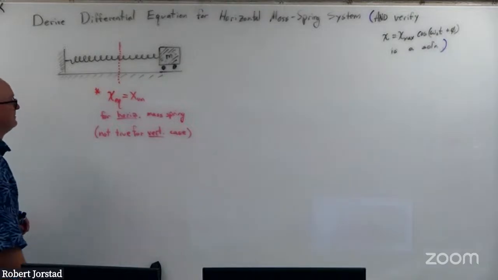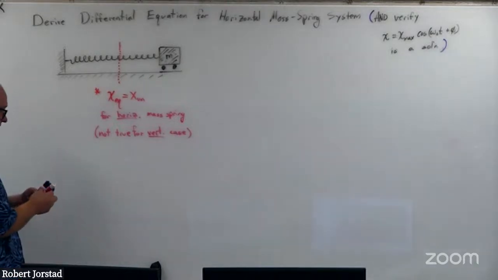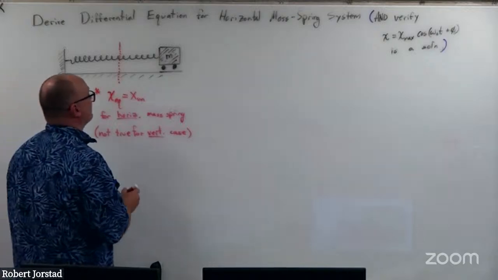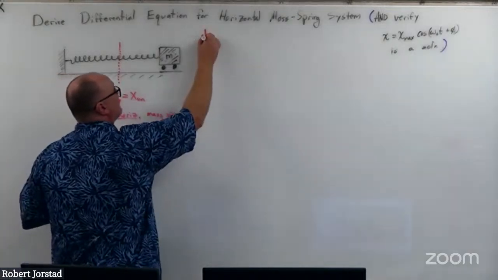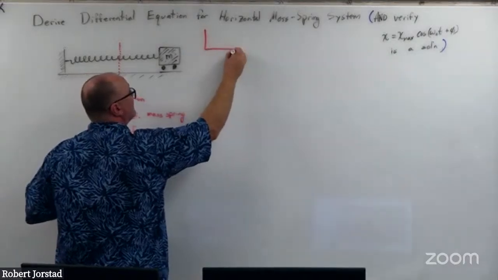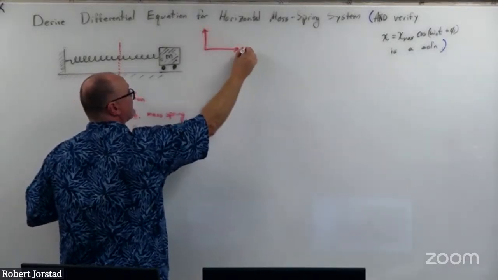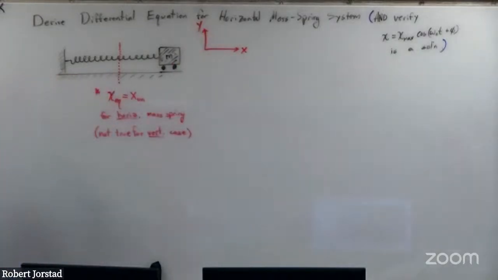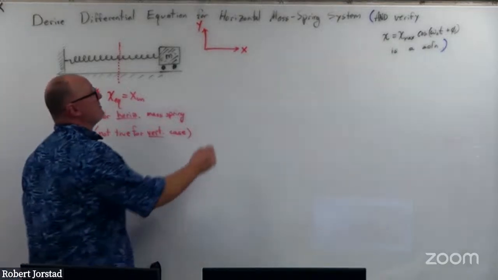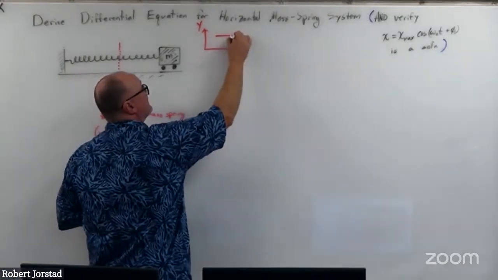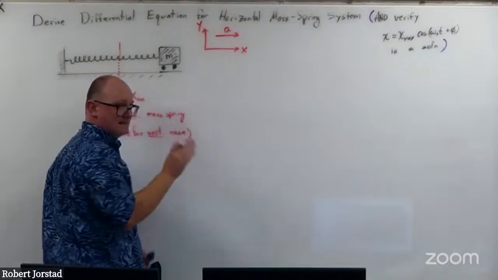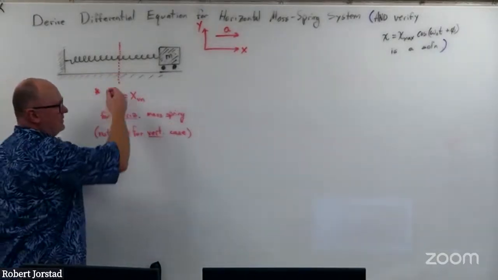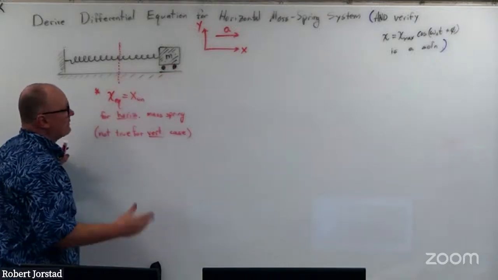All right. Now, in this case, I'm going to use the following coordinate system. I'm going to say X is to the right and Y is up. I'm going to choose my acceleration to be to the right. This is a standard way of doing it. You might be saying, we just saw you pull this thing to the right and accelerate it to the left. You're absolutely right.